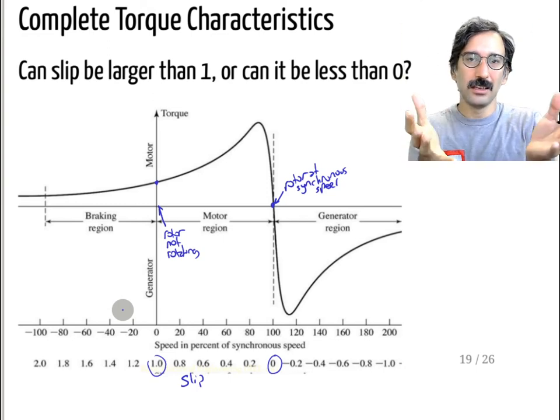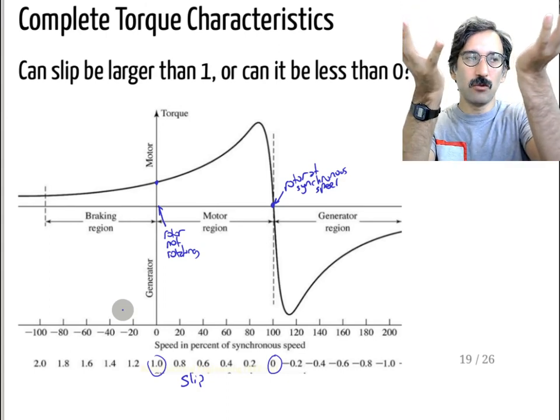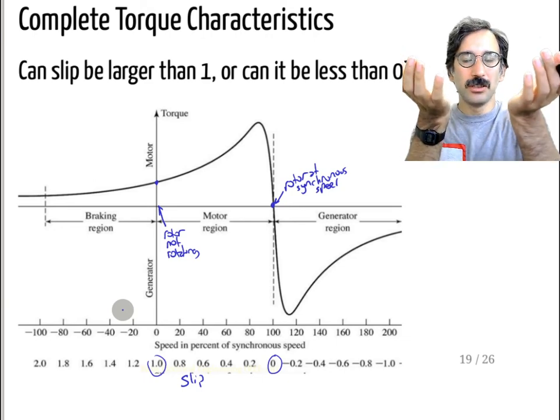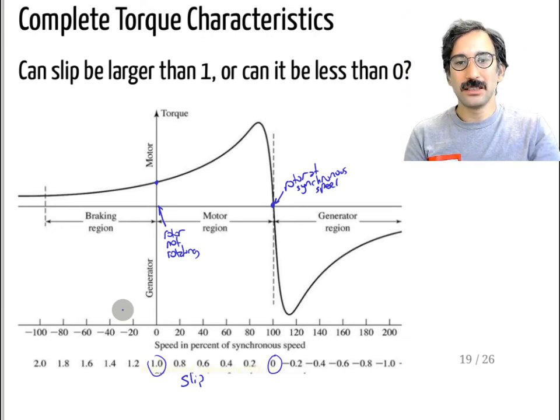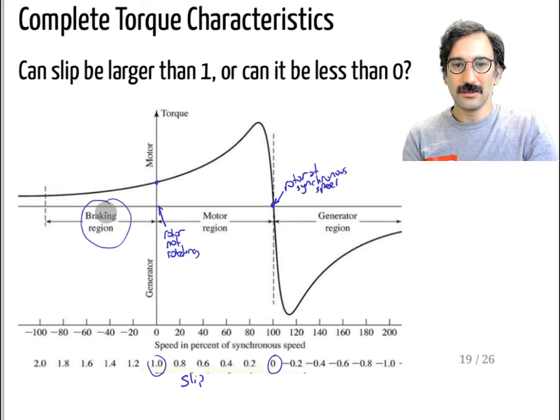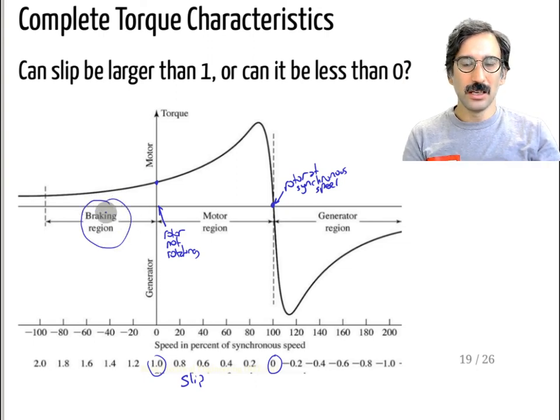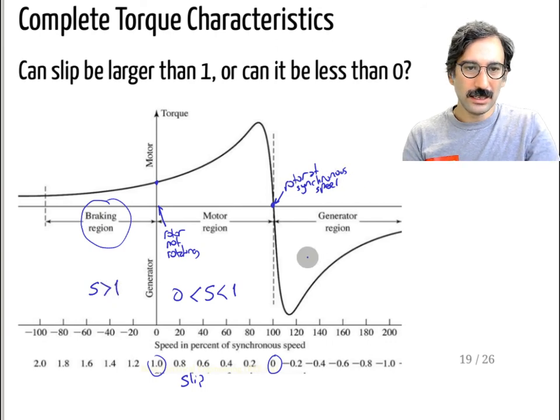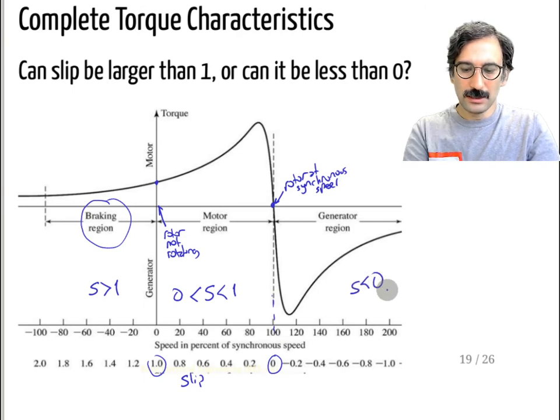Or you have a crane, you want to lift something upwards, but you put too much mass, so even if you want to pull the crane up, it will keep going down. In this case, you are in the region that is called the braking region. We will talk about that later. Here slip is less than 1 and larger than 0. Here slip is larger than 1, and in this region, we'll talk about that one. Here slip is less than 0.